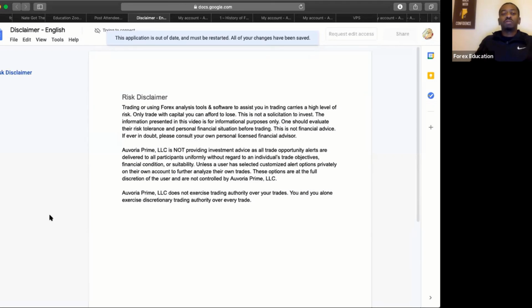When putting your money at risk, please use proper risk management. Auvoria Prime and myself are not providing any investment advice. We're simply here to teach you how to use tools that are used to trade the foreign exchange market. That is not financial advice, that is just educating you on how to utilize the tools.